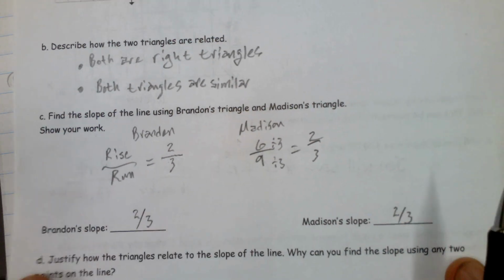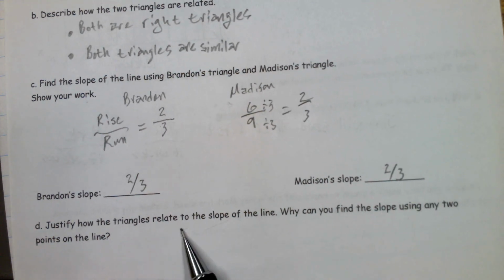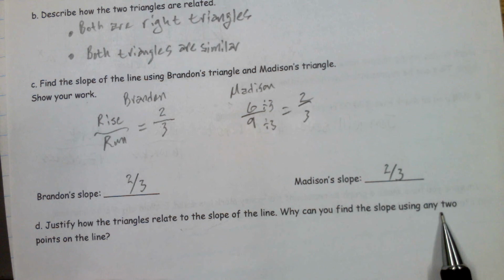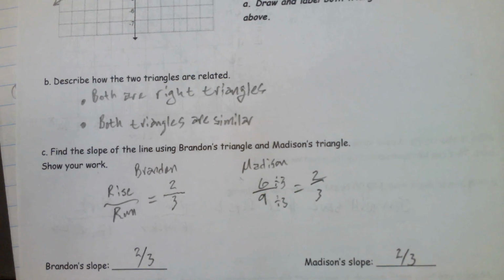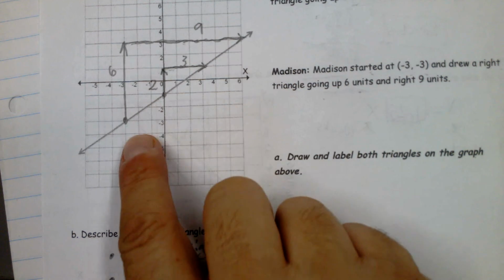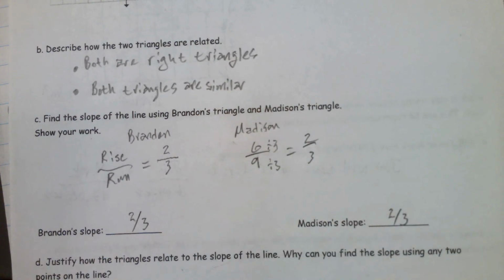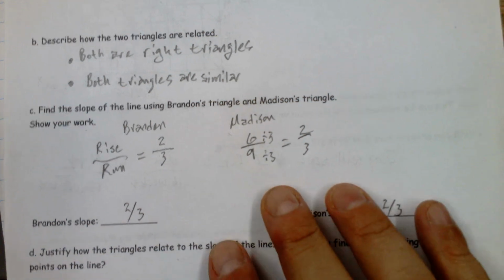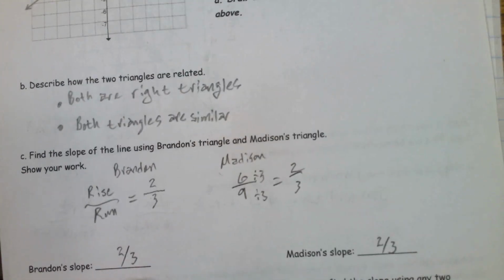Okay? So the last part you're going to do is justify how the triangles relate to the slope of the line. Why can you find the slope using any 2 points on the line? So how was it that we were able to make this right triangle and that right triangle, and they both ended up being the same slope? I'll give you a hint here.